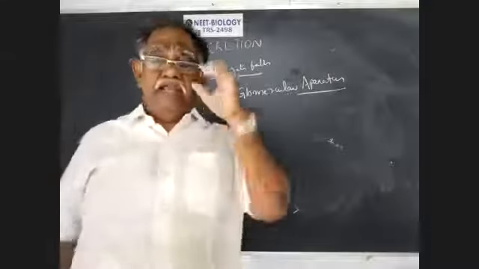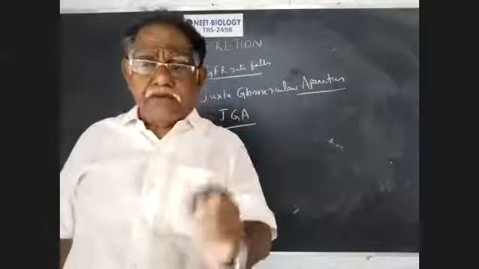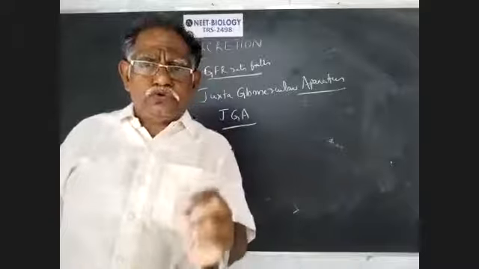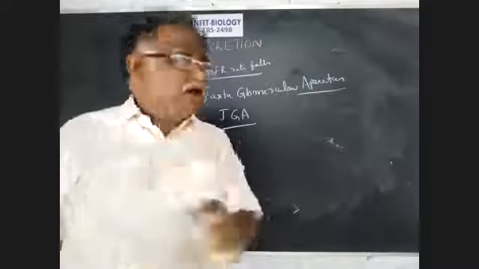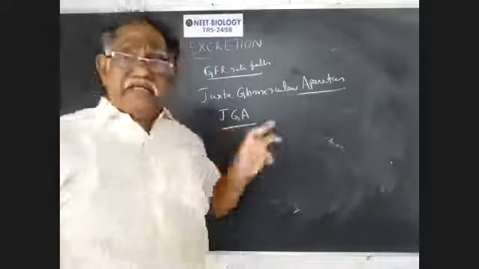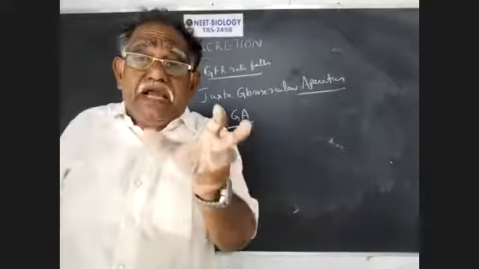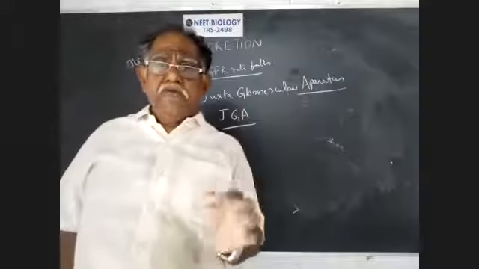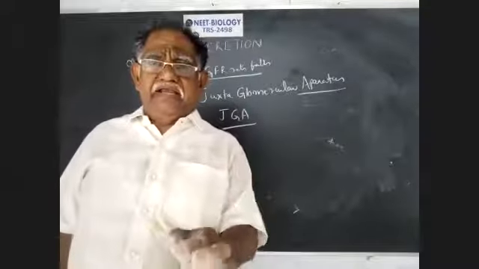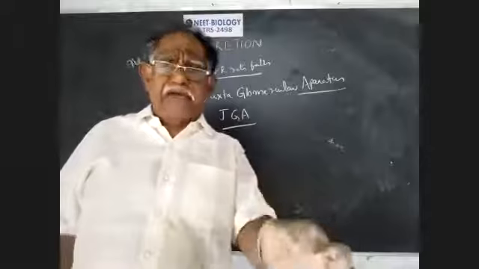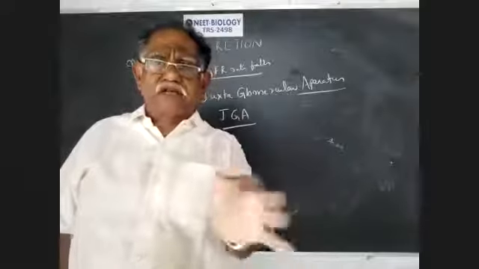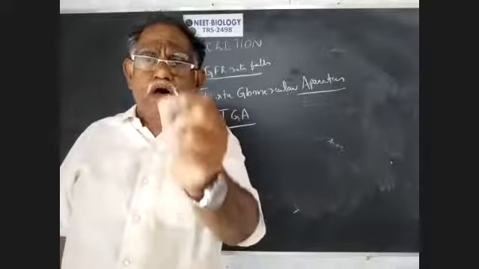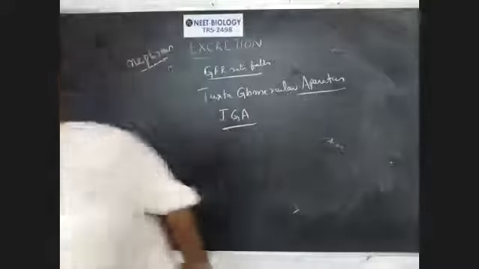So there is an inbuilt mechanism in kidneys, the juxtaglomerular apparatus, that keeps up the normal glomerular filtration rate. The normal glomerular filtration rate is maintained by the special apparatus found in kidneys, called the juxtaglomerular apparatus. Important.